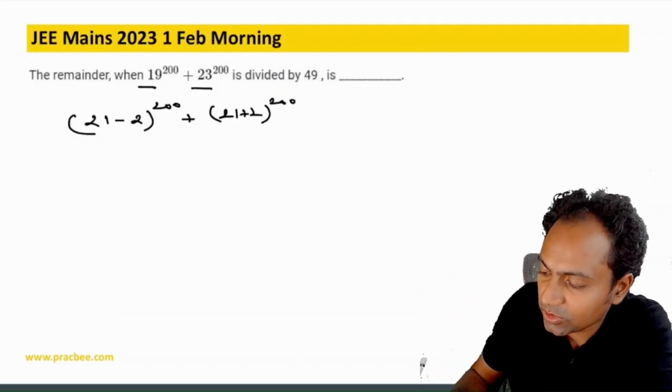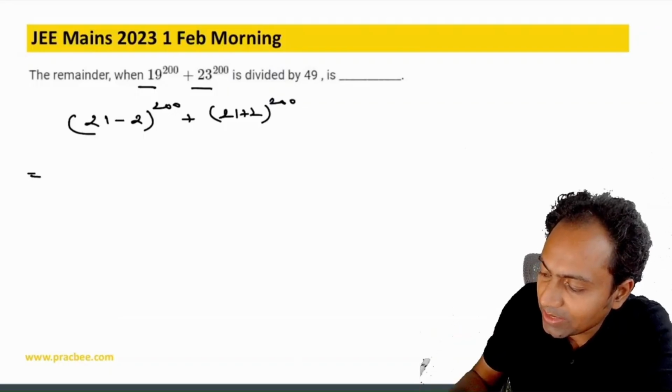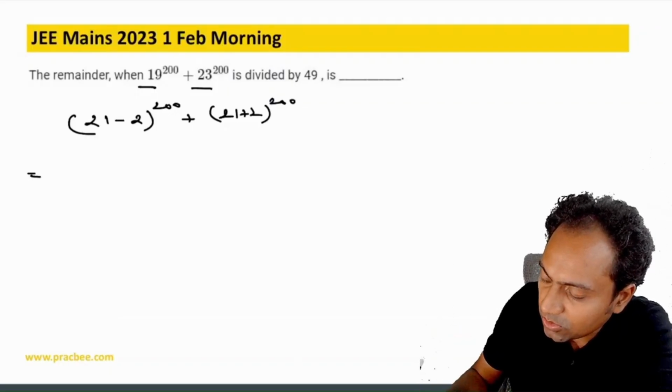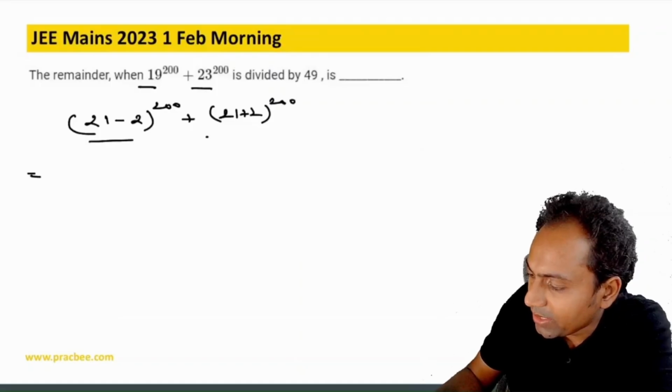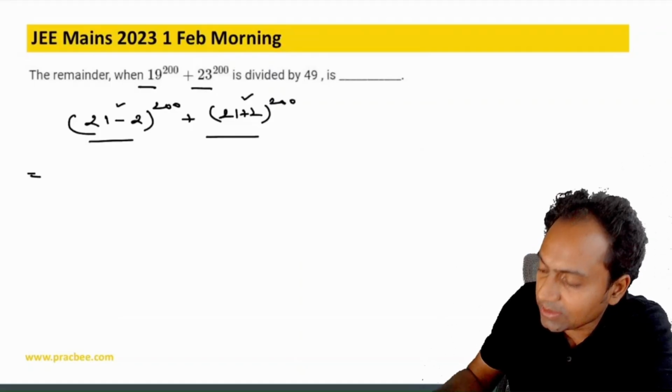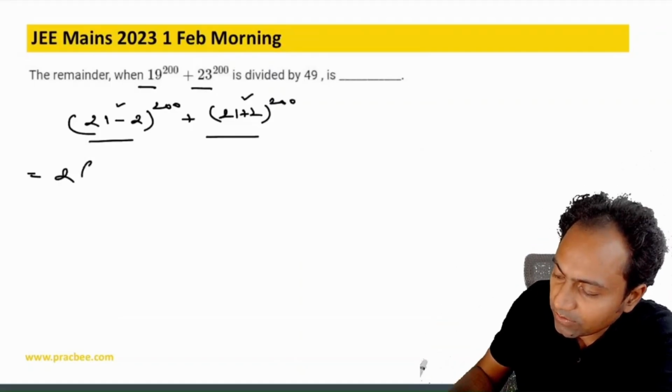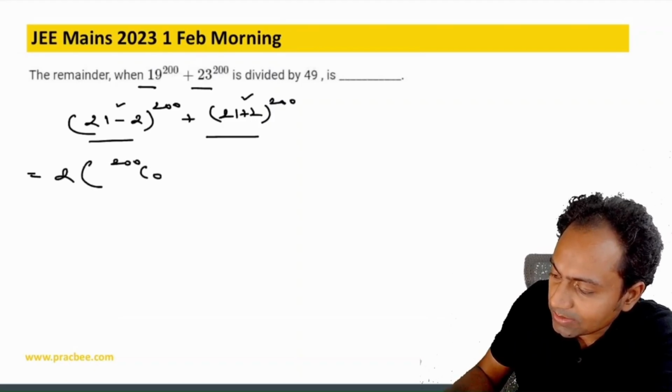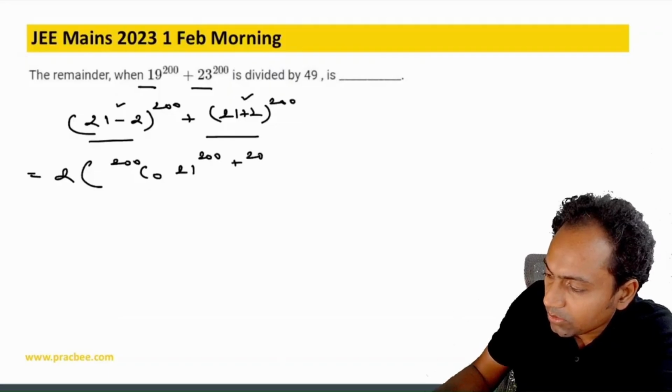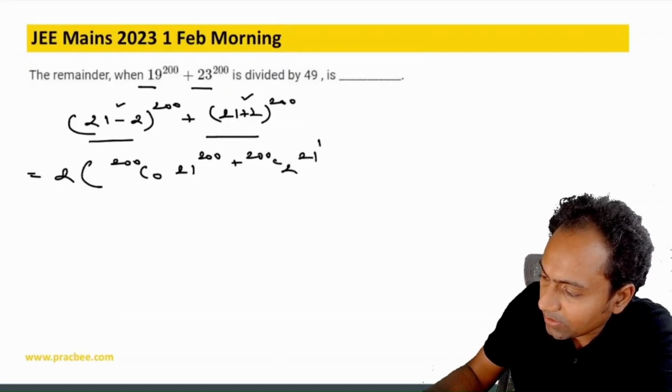So this is the thinking process behind this. Once I do it, let me write my binomial expansion. Since the only difference between them is this plus and minus sign, alternate terms will get cancelled out, and what we get is 200C0 21 raised to the power 200, 200C2 21 raised to the power 198 into 2 squared.